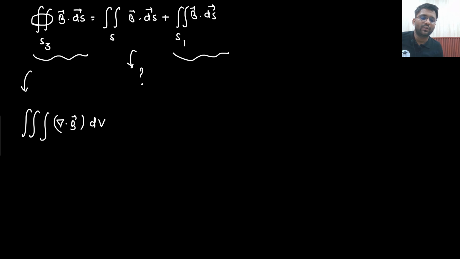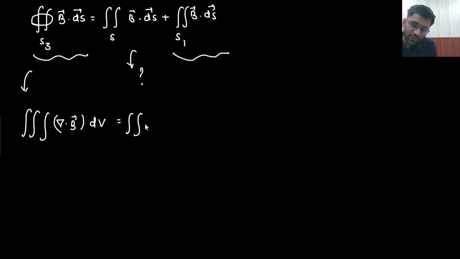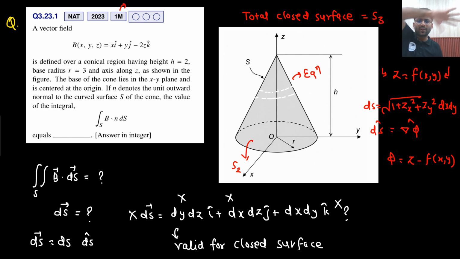What is the value of del dot B? From here, can you calculate the value of del dot B? It would be 1 plus 1 minus 2. The value of del dot B is nothing but 0. And 0 dot dV is coming out to be 0 only. So this value is actually coming out to be 0. From the whole closed surface, the flux is 0, sir. Why is it 0? Because del dot B is coming out to be 0 only.